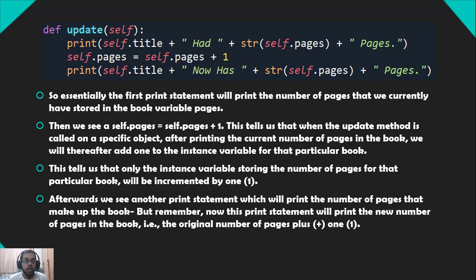This tells us that only the instance variable storing the number of pages for that particular book will be incremented by 1. Afterwards, we see another print statement which will print the number of pages that make up the book. But remember, now this print statement will print the new number of pages in the book, that is, the original number of pages plus 1.